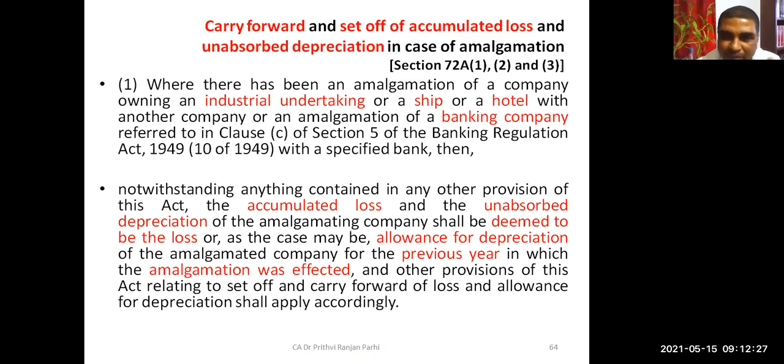That means the old company's accumulated losses and unabsorbed depreciation shall be deemed to be the accumulated losses and unabsorbed depreciation of the new company, that is, the amalgamated company, for the previous year in which amalgamation was effected. Let us say amalgamation was effected in the previous year 2021, then all these accumulated losses and unabsorbed depreciation shall be treated as those of the previous year 2020. Is it okay?